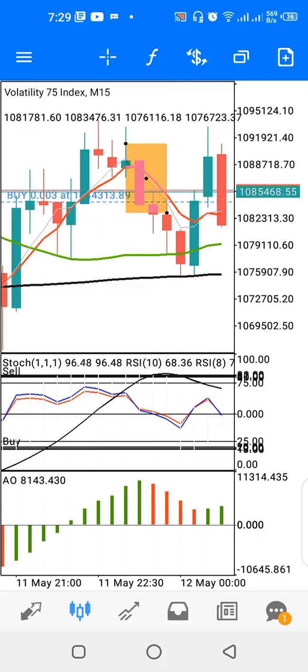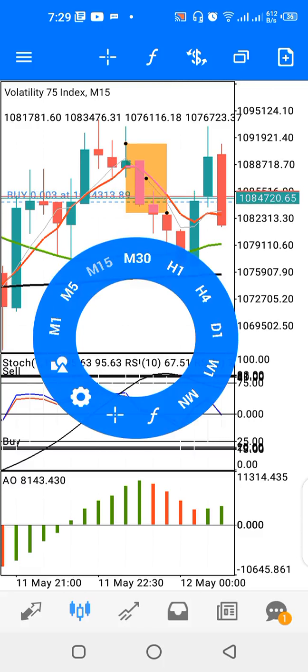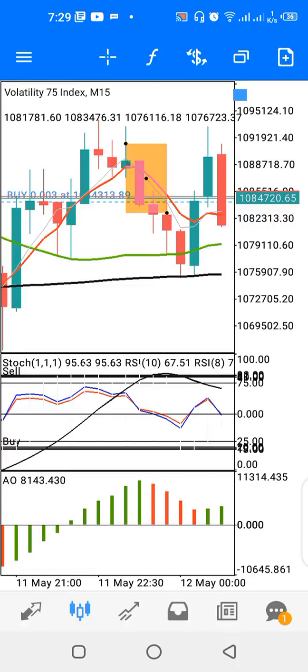Now on indicator window 1, when the blue and red lines cross down on the black line, that's where I have my sell signal.